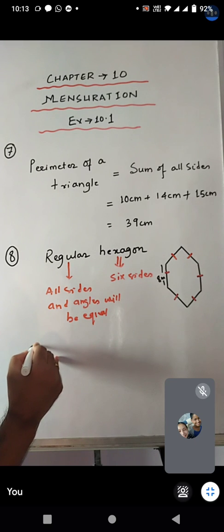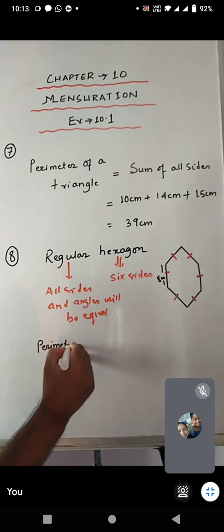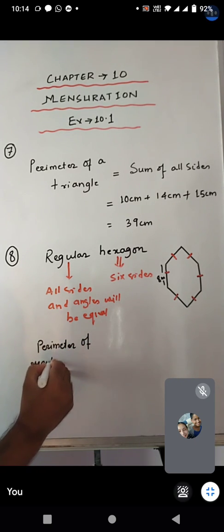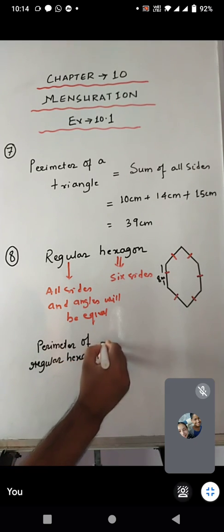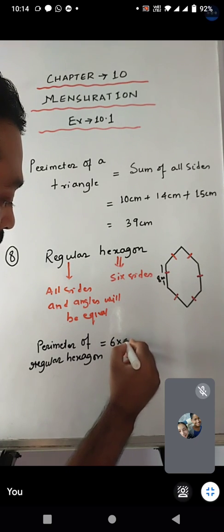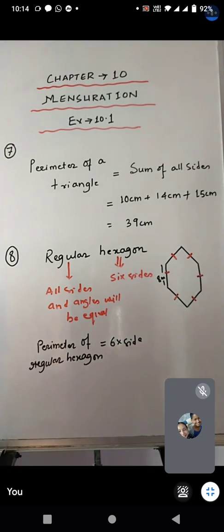So what do we have to write? Perimeter of regular hexagon equals, how many sides do we have in a hexagon? 6 into side. This is the formula of the perimeter of a regular hexagon.